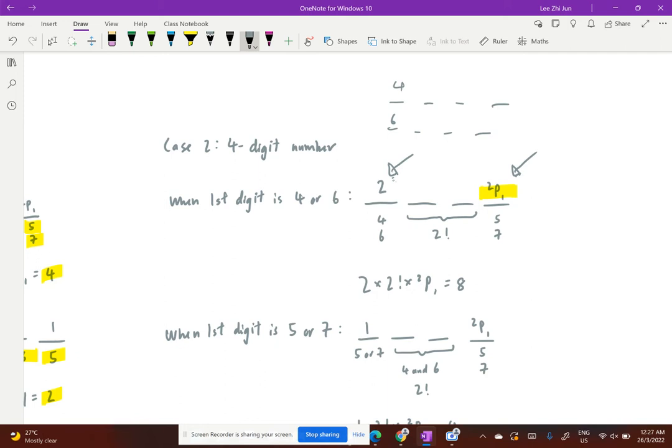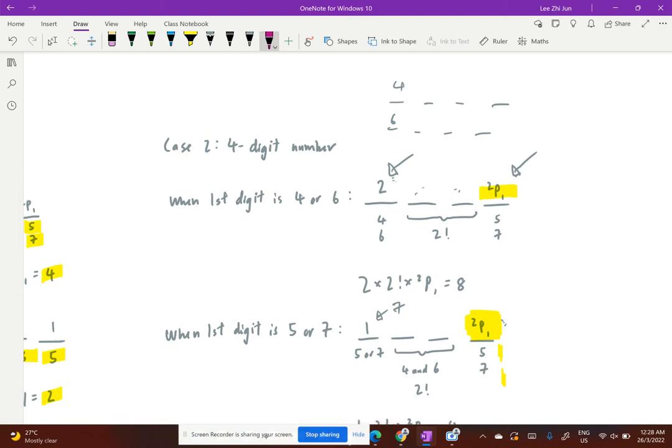And there are 2 digits left, so they can switch places, so it will be 2 factorial. And the last case, when the first digit is 5 or 7, which are the odd numbers. The last digit should be considered first. Here you have 5 or 7. Let's say if I pick 5 here, I have 7 only for the first digit.